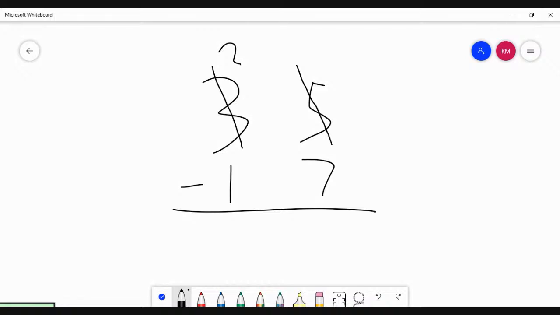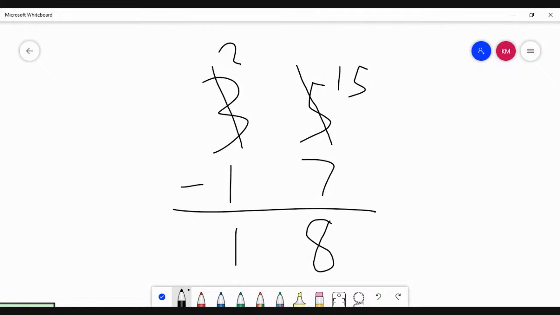And then once I borrow the 10, I will add the 10 to the 5, which gives me 15. So now I can subtract 7 from 15 instead of just 7 from 5. So 15 minus 7 leaves 8. 2 minus 1 leaves 1.